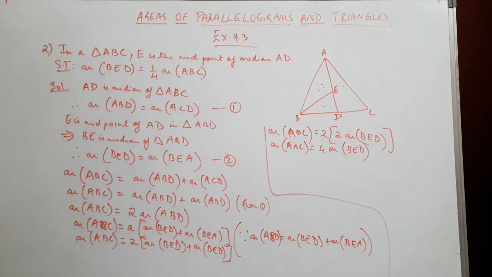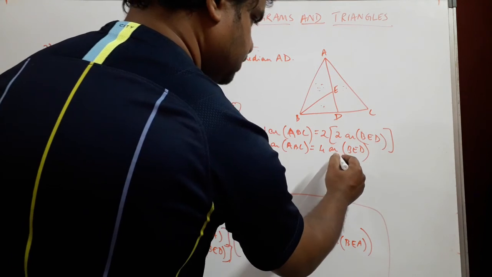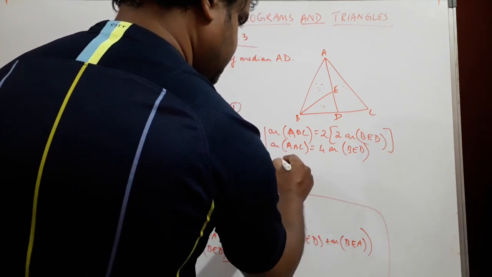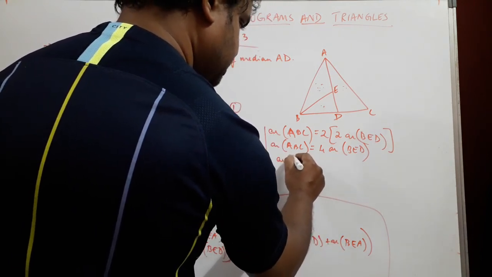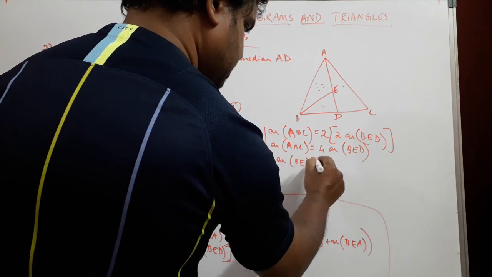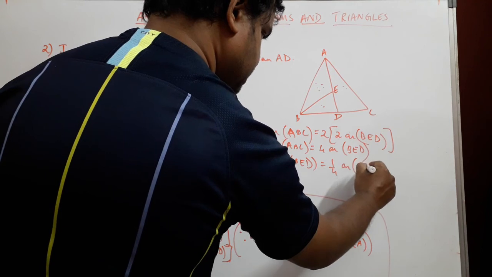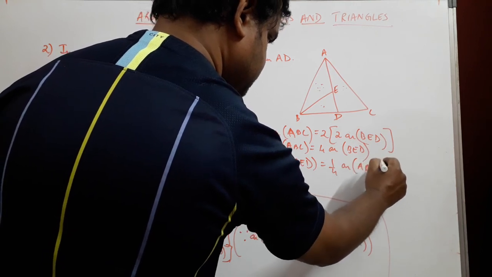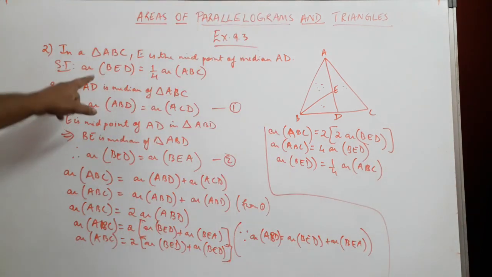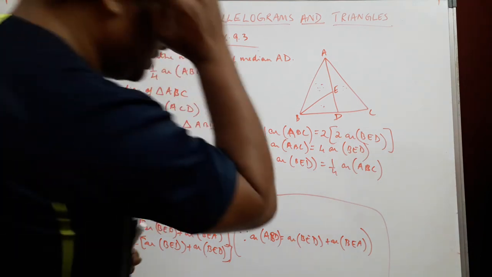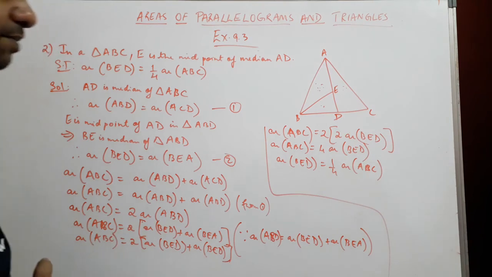Okay, so if we just want to show area of triangle BED, then area of triangle BED is 1/4 of area of triangle ABC. That's what we were asked to show. All I did over here was this 4 was multiplied with BED.